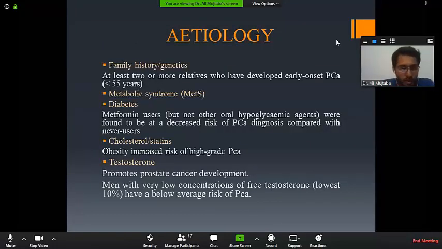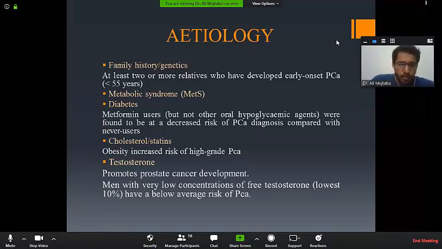The following are the etiologies of prostate cancer: family history, genetics, metabolic disorders like diabetes, obesity, high testosterone level. Studies show that if two or more relatives have early onset of prostate cancer, the person is at high risk of prostate cancer.